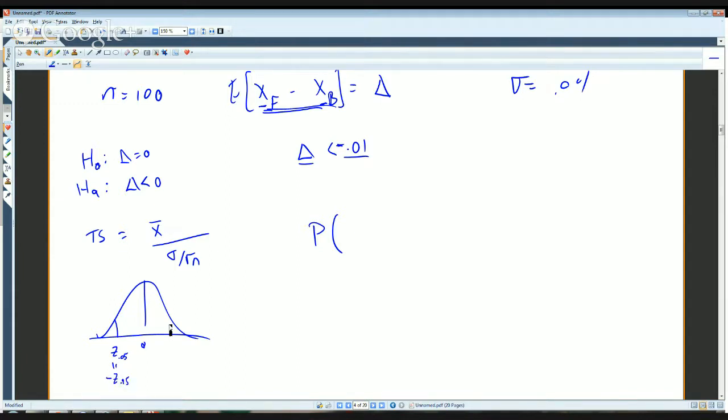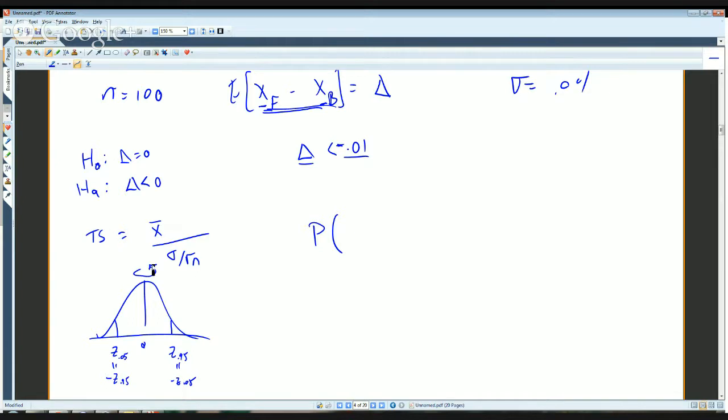If we subtract in the other direction, baseline minus follow-up, we would be rejecting if our test statistic was larger than z of 0.95, which is, by the way, equal to the negative of z of 0.05, because this density, if you rotate it around 0, is the same thing.